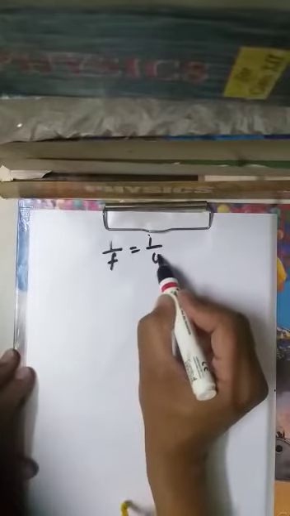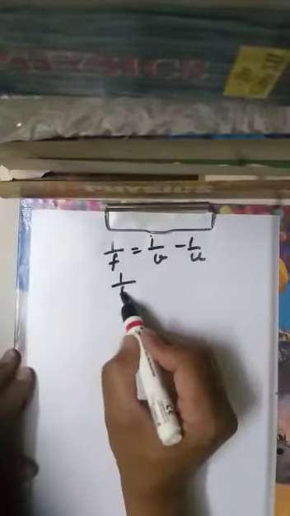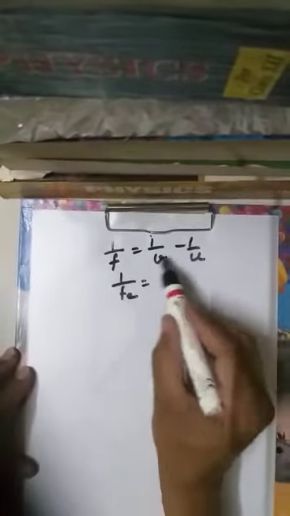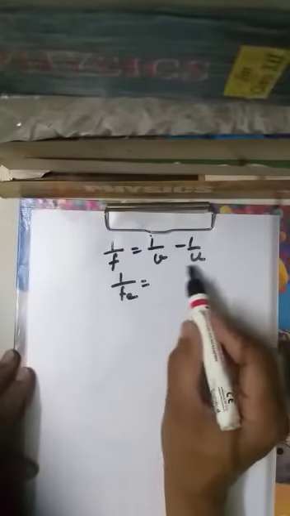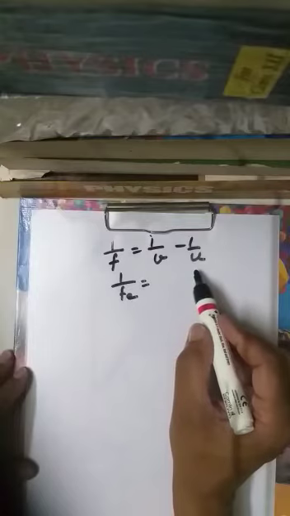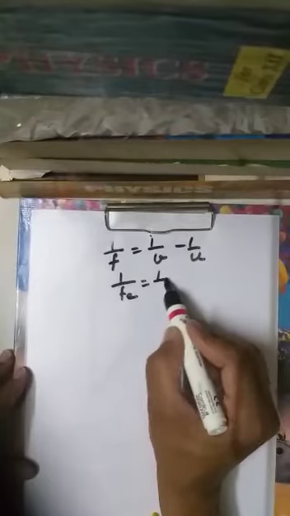Now we use the lens equation, 1 upon f is equal to 1 upon v minus 1 upon u. 1 upon fE, here we take a term common, 1 upon vE.